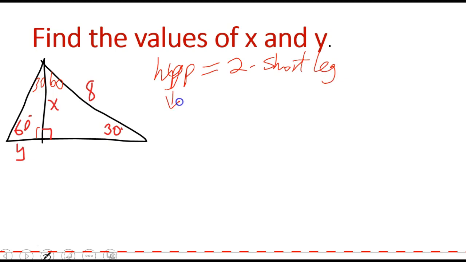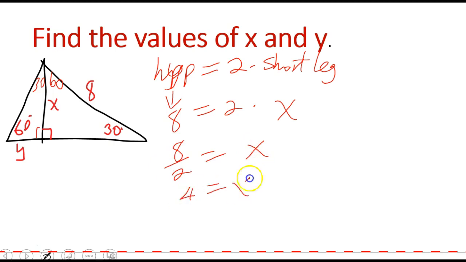Since the hypotenuse here is 8, 8 equals 2 times the shorter leg we are looking for, which is X, because it is the one opposite the 30 degree angle, which is smaller than 60. So now solve for X, we just divide both sides by 2. That will give us 4. So X is 4. We have found X.